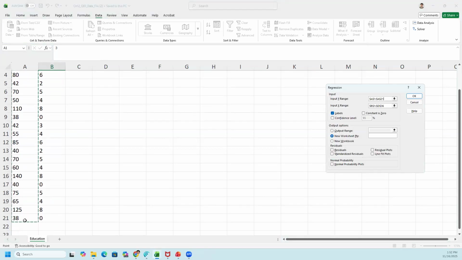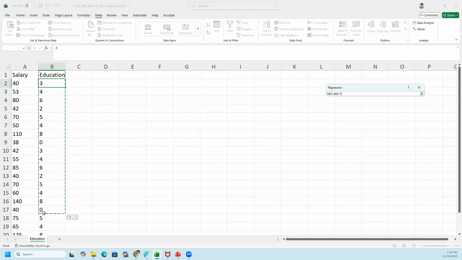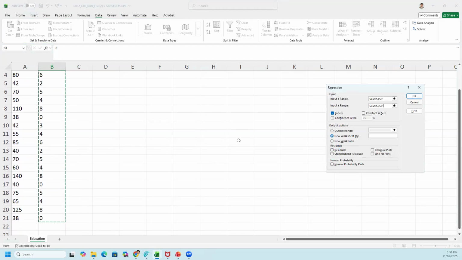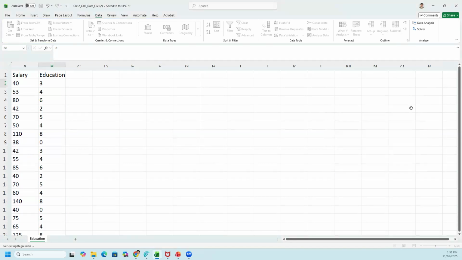In this case, it is the salary. And the X range in this case is the education. It starts from B1 to B21. Notice that I have taken the labels as well. So click on labels and hit OK.